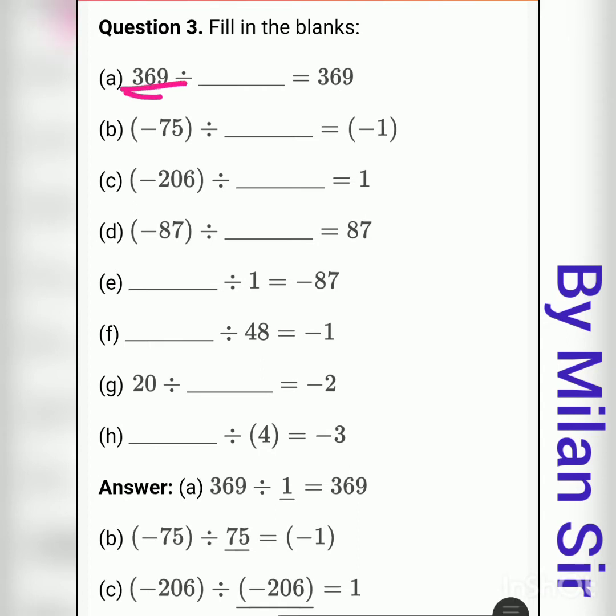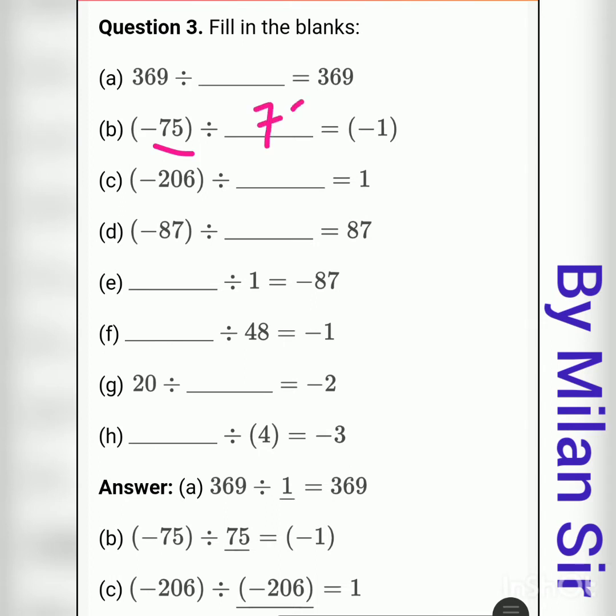Here 369 is there. If we want the same answer, we need to divide by 1. Okay, multiplicative identity. Here we have minus 75. Here we want 1. So if we want the answer 1, then we need to divide a number by the same number, that means 75.